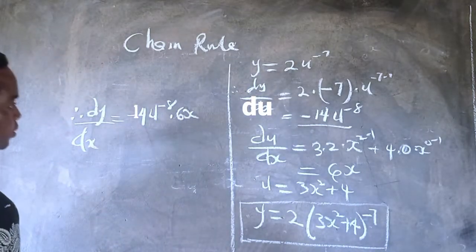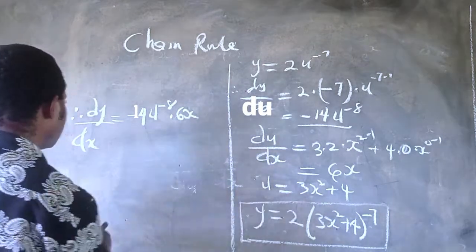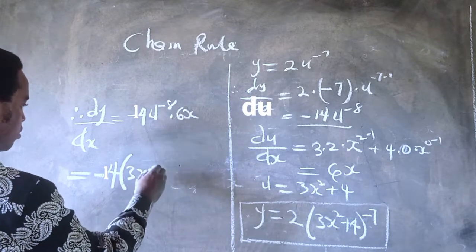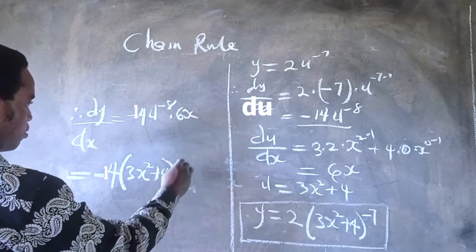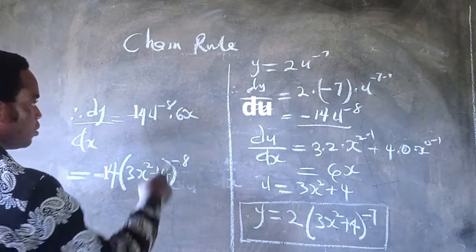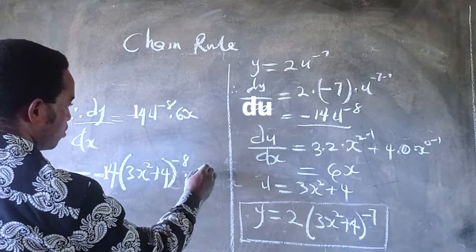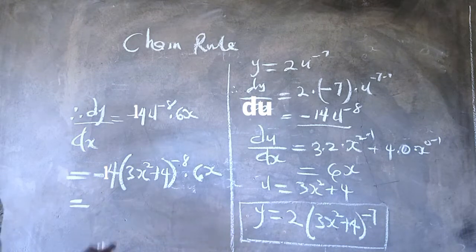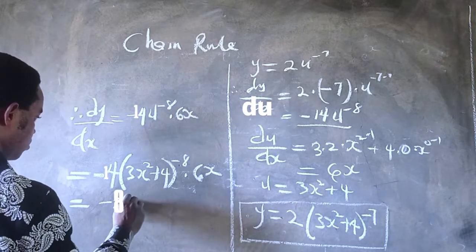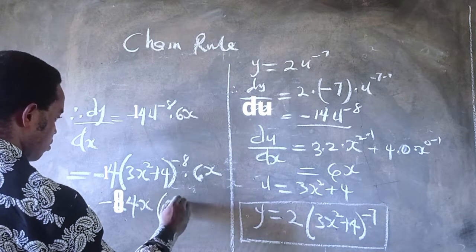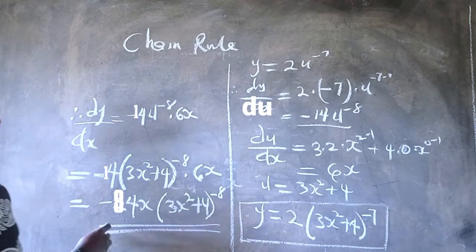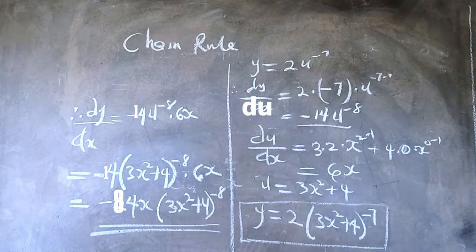Okay, what is u? So we have negative 14 into u, which is (3x raised to the power 2 plus 4), raised to the power minus 8 there, multiplied by 6x. So let's multiply that by negative 14 that we have there. That gives negative 84x into (3x squared plus 4) raised to the power negative 8. There you have it. And that is the derivative of that function.